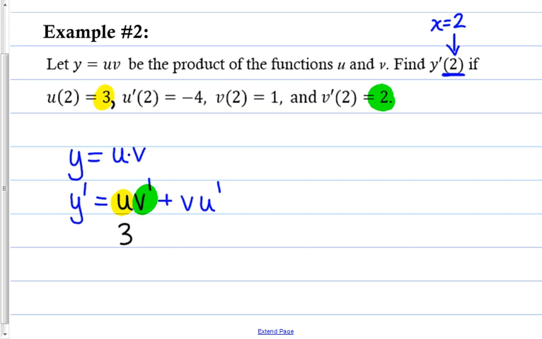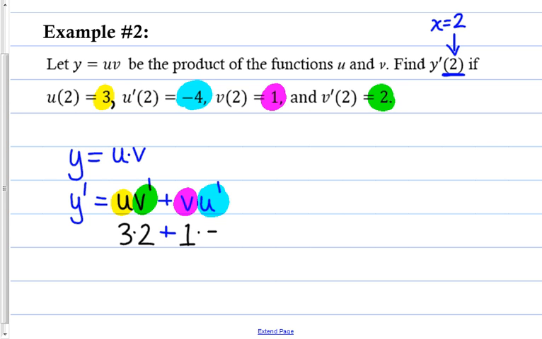So times 2, plus, now v, let's see, v is 1, so 1 times u prime, and u prime is negative 4.